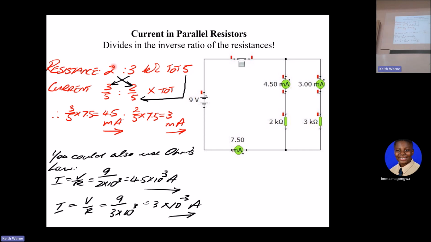You don't have to do the ratio. I'm just showing you the ratios because some guys like to work with the ratio, and I'm proving to you that it's the inverse ratio. But you don't have to use ratios. You could just use Ohm's law at the bottom, which is much easier. Which is the current. So the resistance is the 2 and the 3. And the current is the 4.5 and the 3.